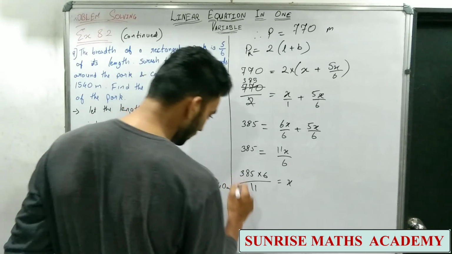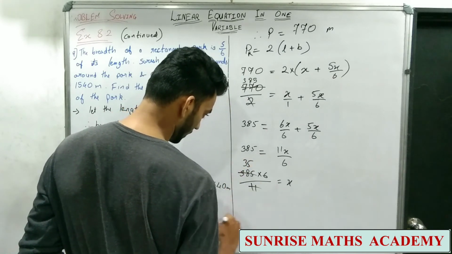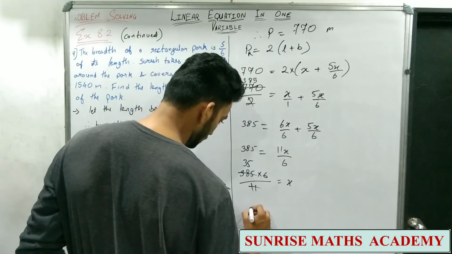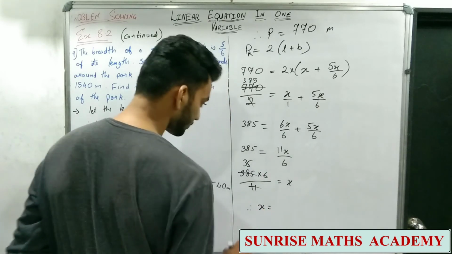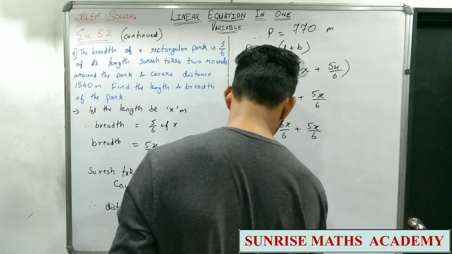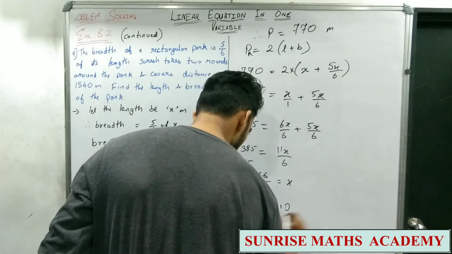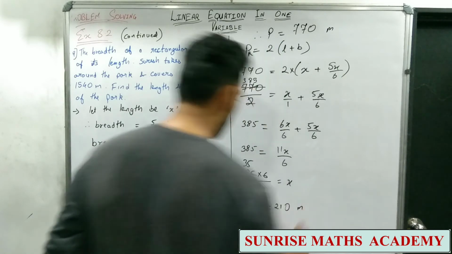So 385 can be divided by 11. 35 into 6 equals to x, therefore x equals to 210 meter.